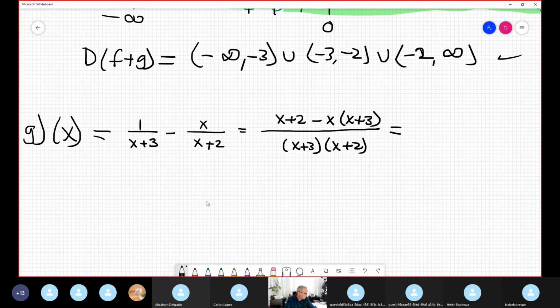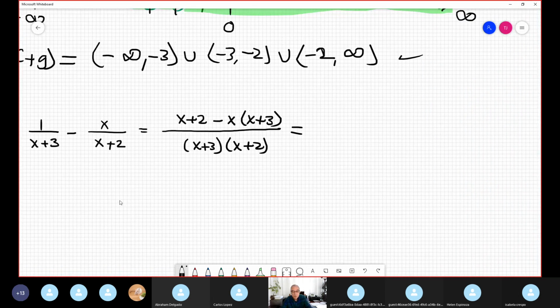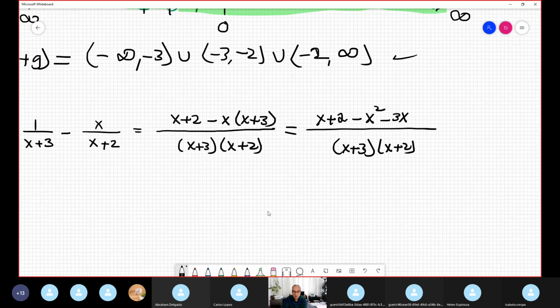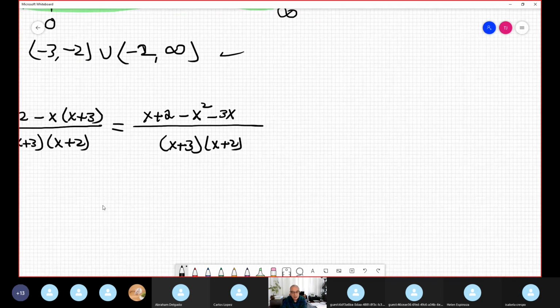Okay, let's do it. Now, x plus 2, minus x squared minus 3x. Yeah. Okay, now combine like terms and organize in descending order of the degree.